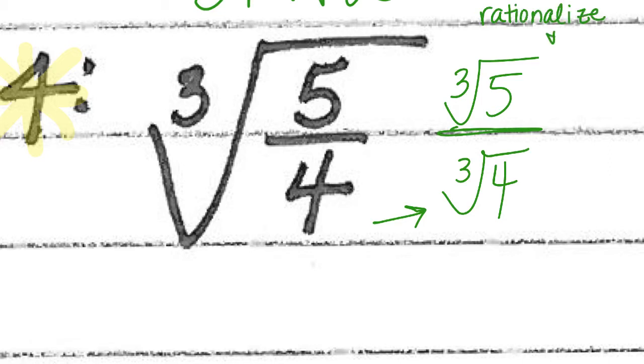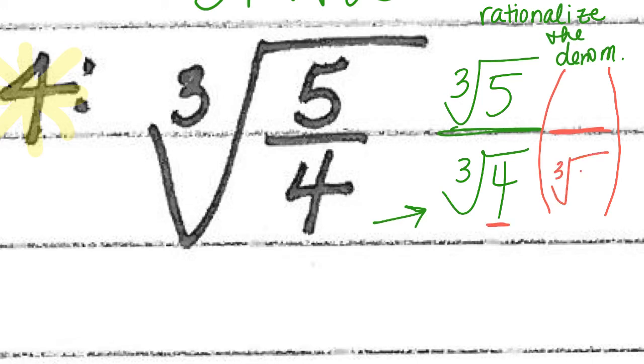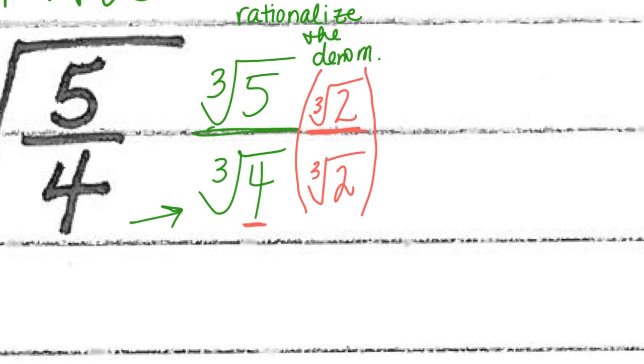Rationalize the denominator. In order to rationalize the denominator, I can multiply anything through by 1. Well, I want to make this 4 a perfect cube, and I know if I multiply it by the cube root of 2, I get the cube root of 8, which is a perfect cube. I can multiply anything through by 1 and not change its value.